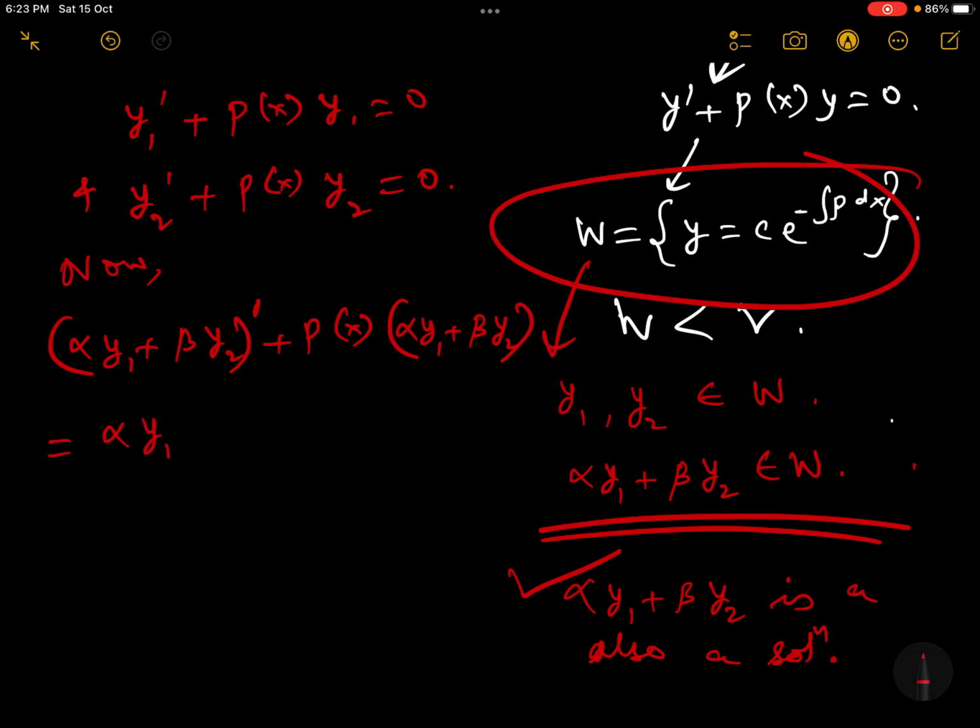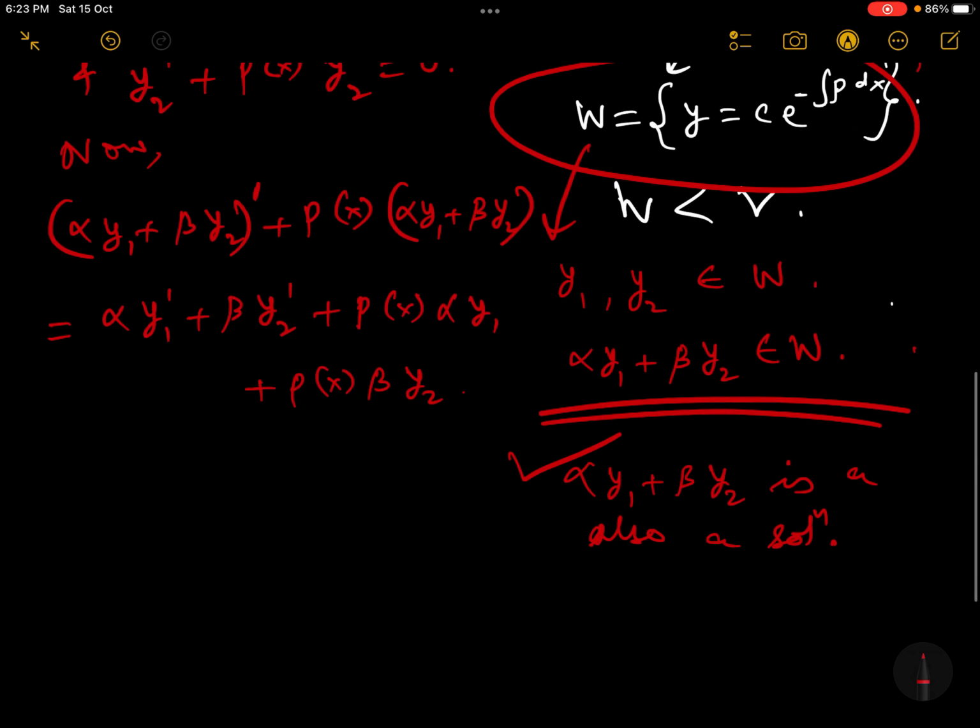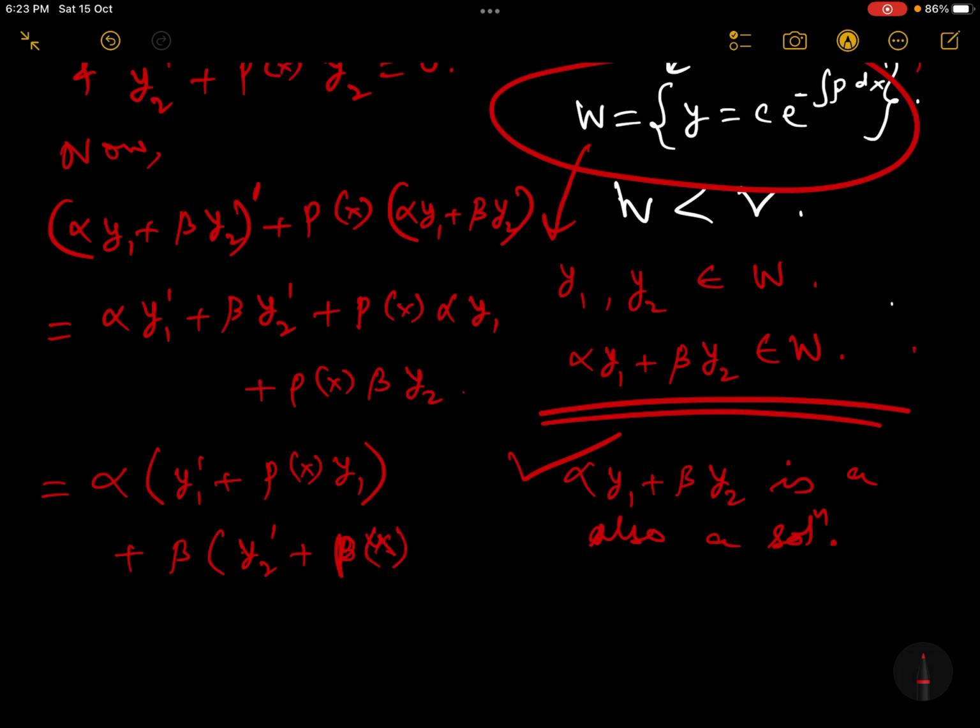From differentiation, this is alpha y1 prime plus beta y2 prime plus p(x) alpha y1 plus p(x) beta y2. Let us combine the alpha terms: alpha times (y1 prime plus p(x) y1) plus the beta term, beta times (y2 prime plus p(x) y2).